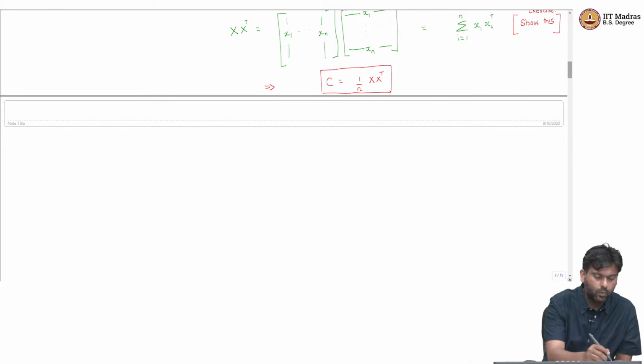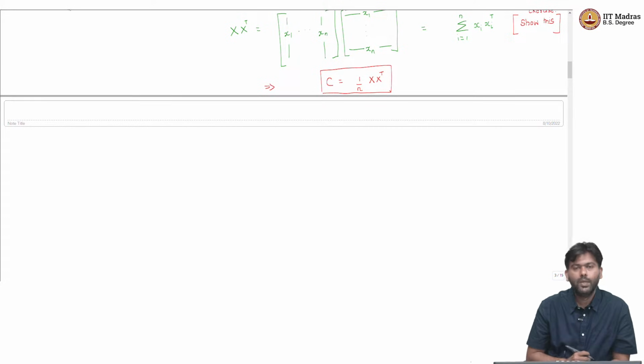Okay. So, now what does PCA do? Well, PCA tries to find the eigenvectors and eigenvalues of the covariance matrix, or find the best fit line, which happen to be eigenvectors and eigenvalues of the covariance matrix.